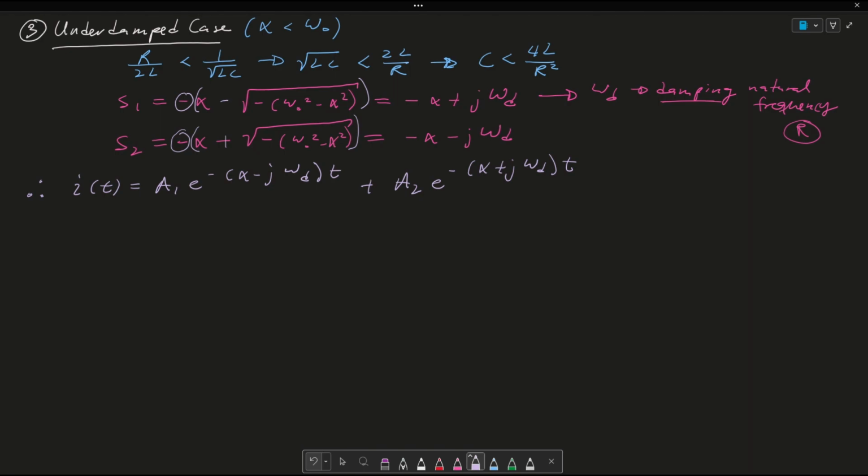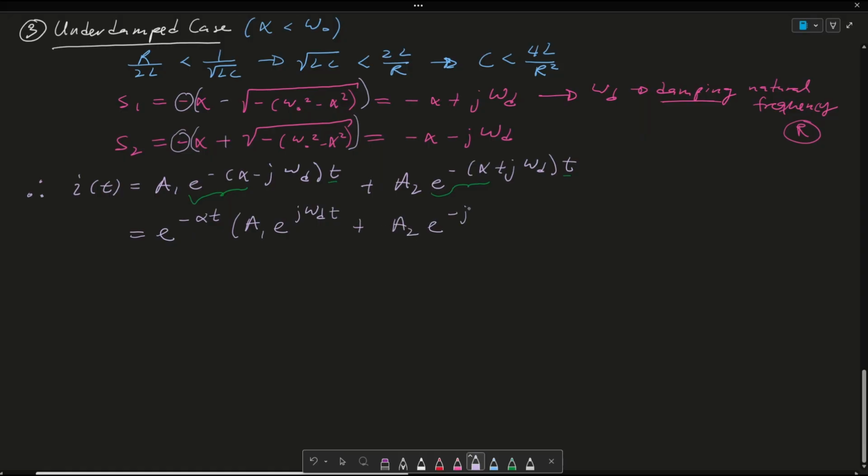I hope that makes sense in terms of this term and this term. Next I'm going to pull out this e to the minus alpha t from both terms. Don't forget the t. So what I'm left with is e to the minus alpha t times a1 e to the j omega d t plus a2 e to the minus j omega d t.